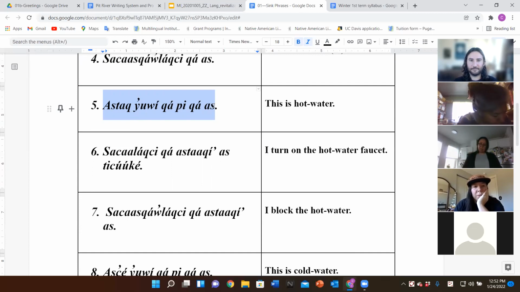Astak Yui Gabi got us. He tus and Letty astak yui gabi ga us. Astak Yui Gabi got us. And Mercy astak yui gabi ga us.